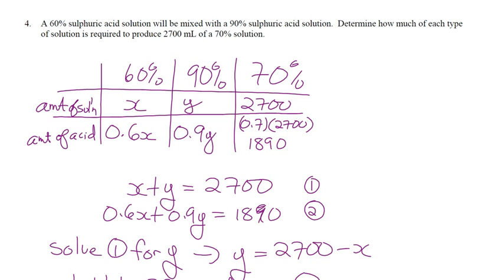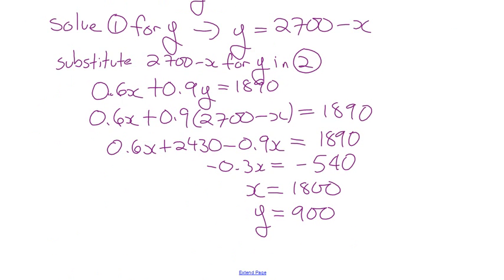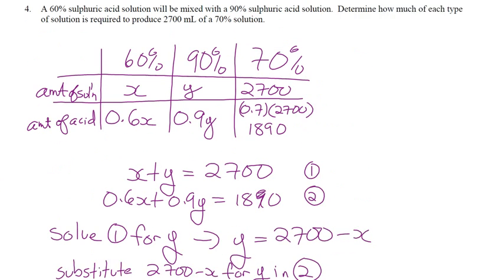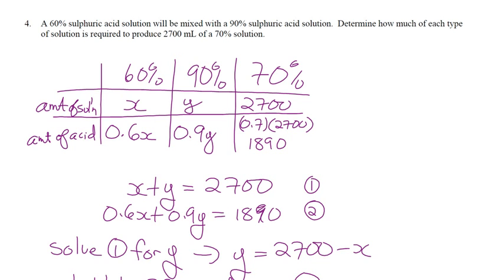What was x? X is 1800. Okay, yeah, so that's right, 1890, right? Okay, wait, so 0.6x is how much? No, 0.6 of 1800. How much? 980. You didn't need to say it was 540?